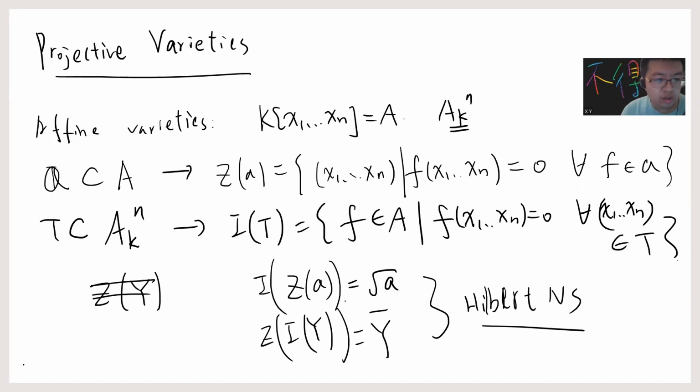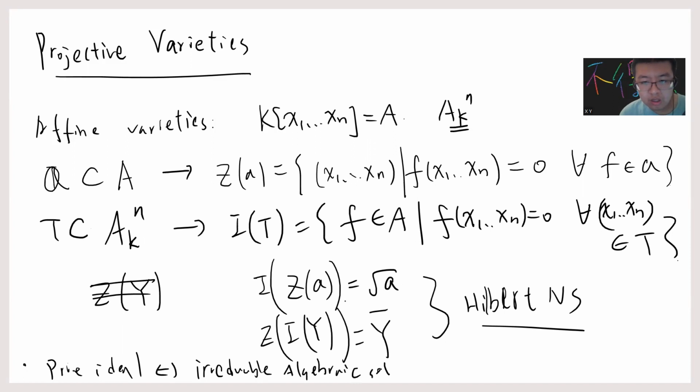Also, the prime ideals correspond to the irreducible algebraic sets. In Hartshorne's definition, an irreducible algebraic set is called an affine variety. But in some literature, an affine variety is just a set of points that vanish on some polynomial f.